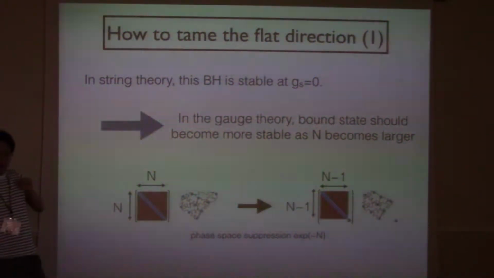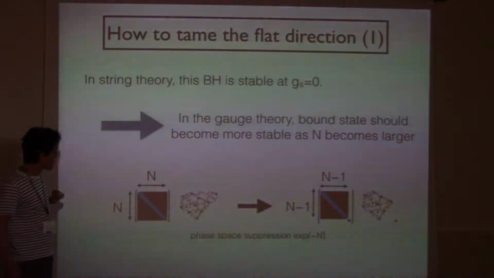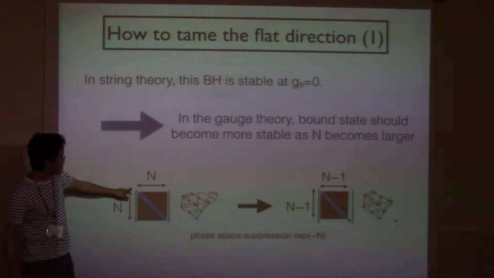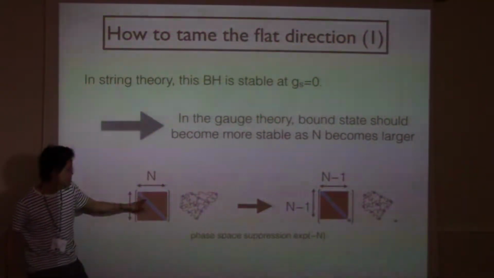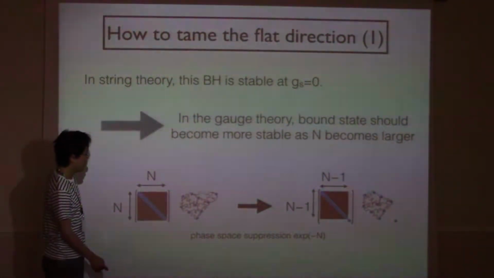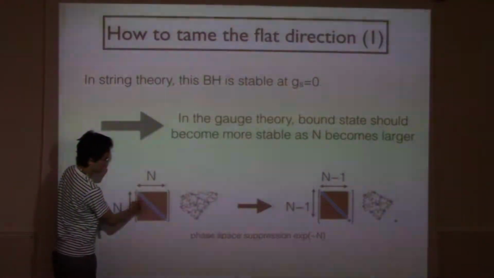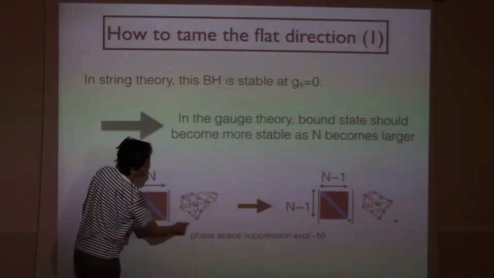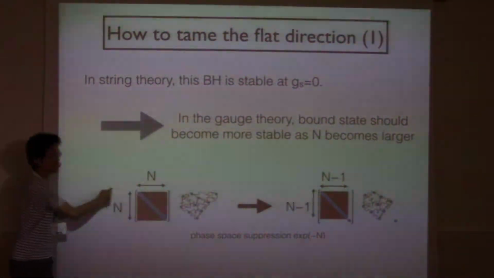This can be understood without any detailed calculation. Intuitively, we can very easily understand it. When we have a bound state of n particles, whose locations are described by diagonal elements, the off-diagonal elements are also excited, and all n squared entries are excited.